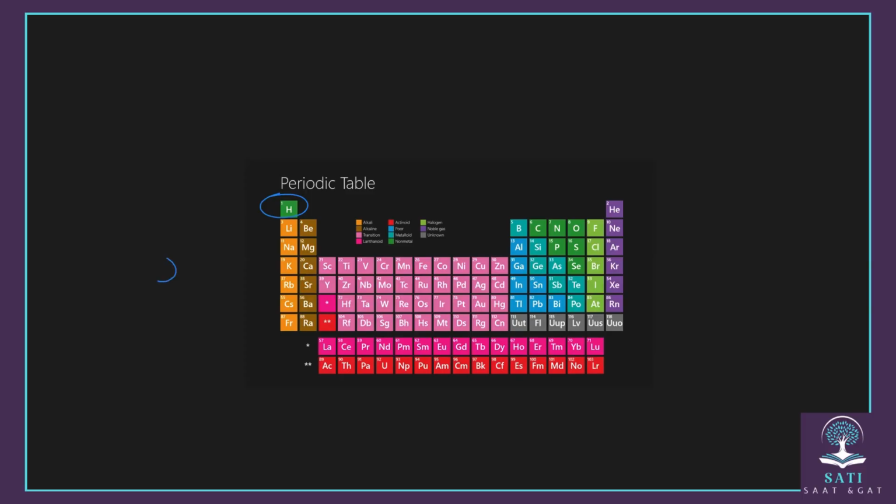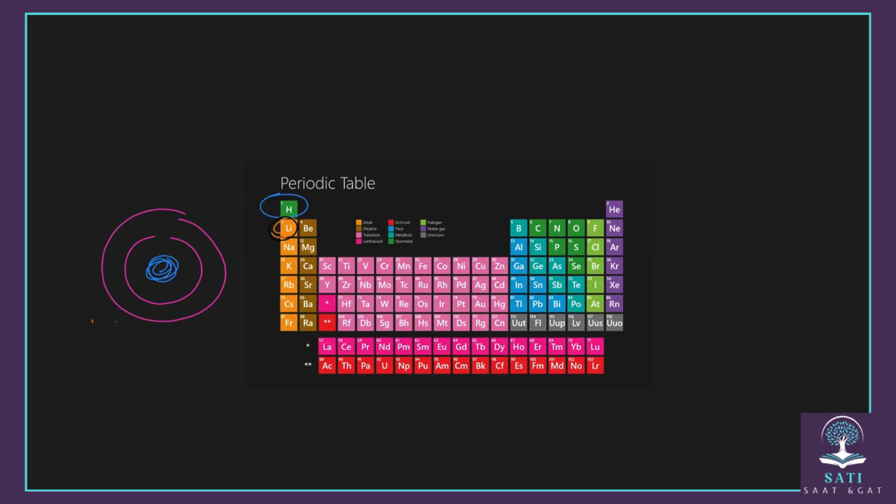And we know that atoms in general have a nucleus, and around it there are shells. If we are talking about lithium here, it has atomic number 3. That means it has 3 electrons and 3 protons.